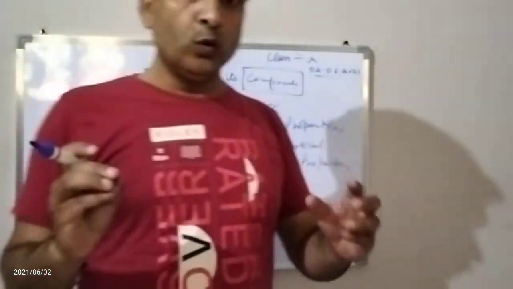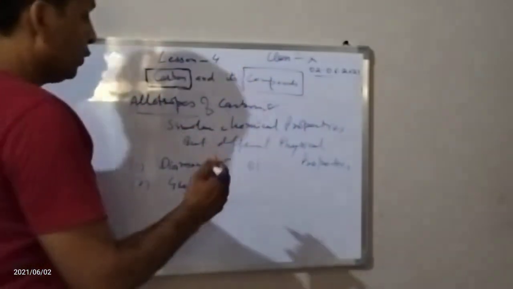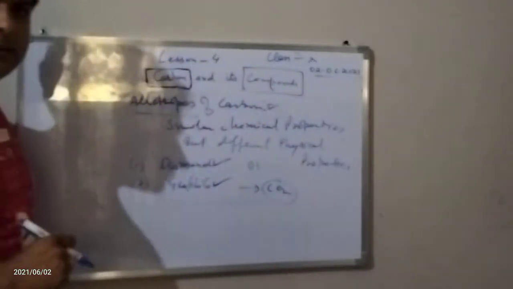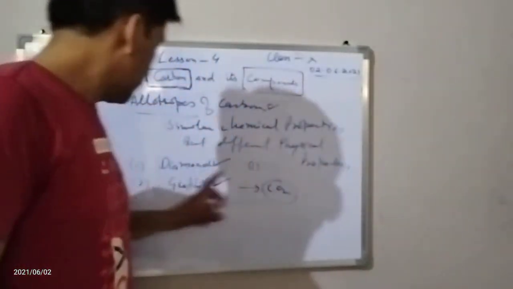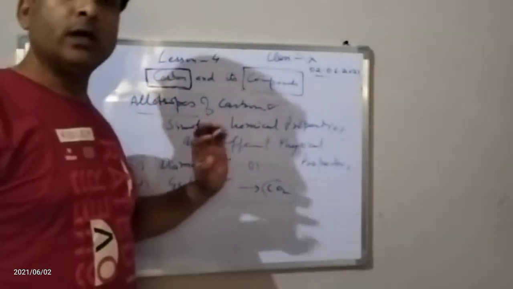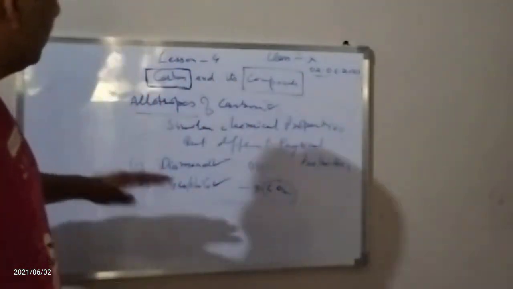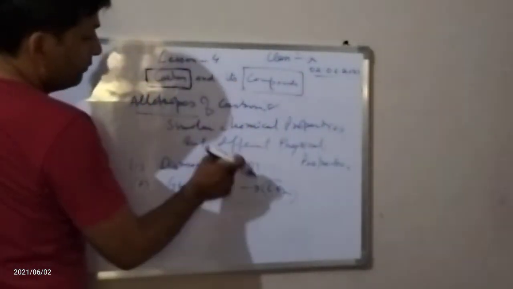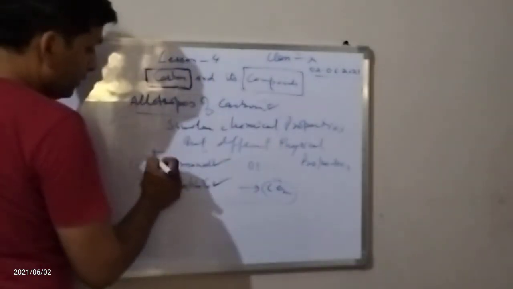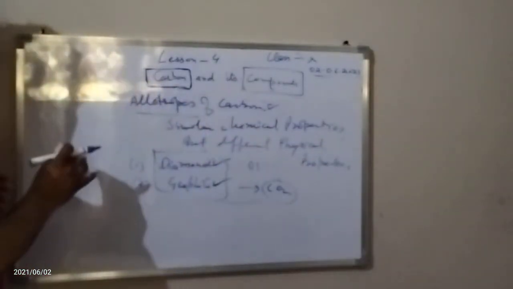But if we burn both diamond and graphite in fire, they both give out carbon dioxide. It means their chemical properties are the same. When the chemical properties are the same but the physical properties are different, we say these are the allotropes of carbon.